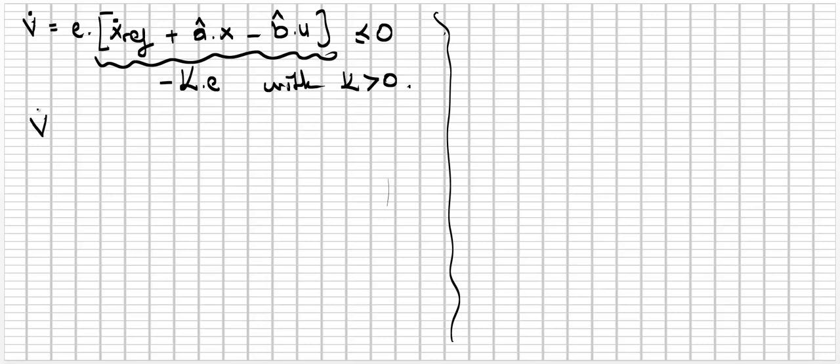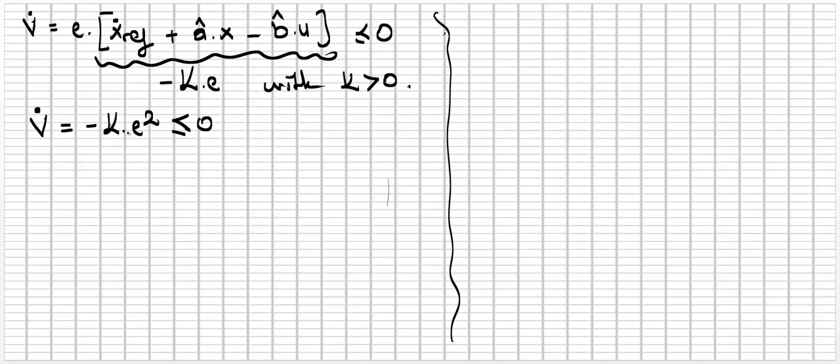Then our system gives V dot equal to minus k times e squared. This is always smaller than zero, because k is positive and e squared is positive, and the minus sign in front makes it always negative. And if e goes to 0, V dot approaches 0 as well.